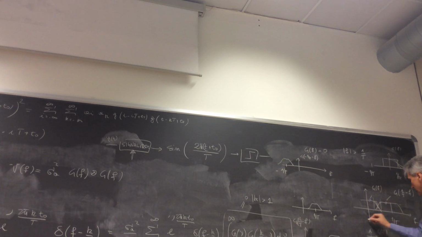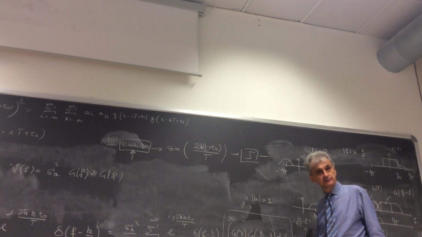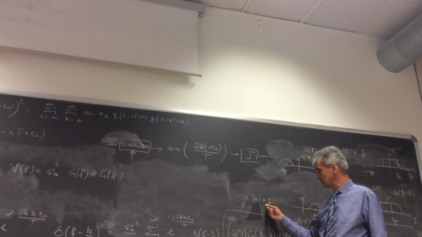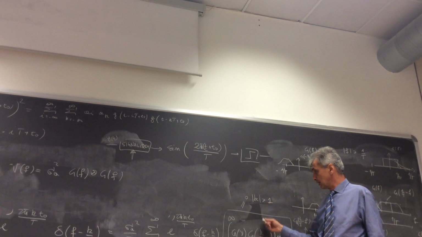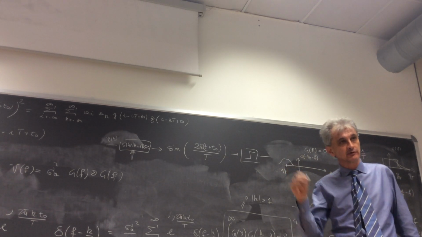And where they overlap, the product will be like this. Okay? Put it into the integral and compute. So this integral is 0 for all the k that are 2, 3, 4, and larger.